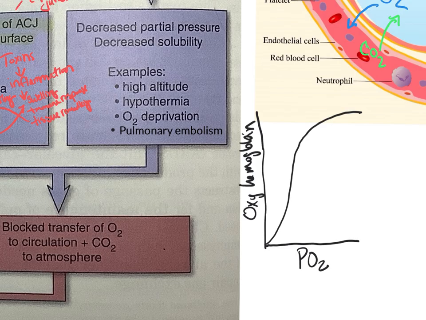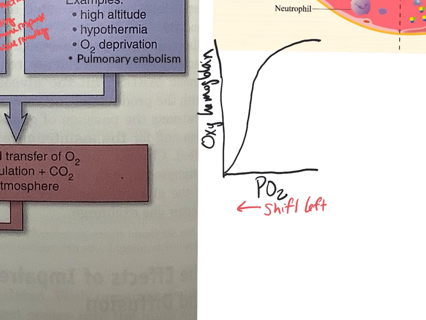Things that are going to make it more likely to shift to the left, which means it makes the hemoglobin stickier. And so it wants to hold on to that oxygen.